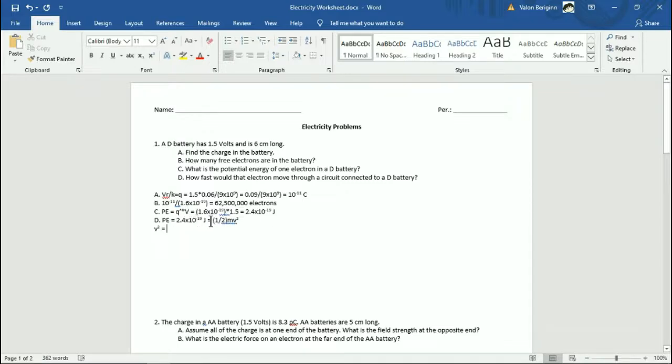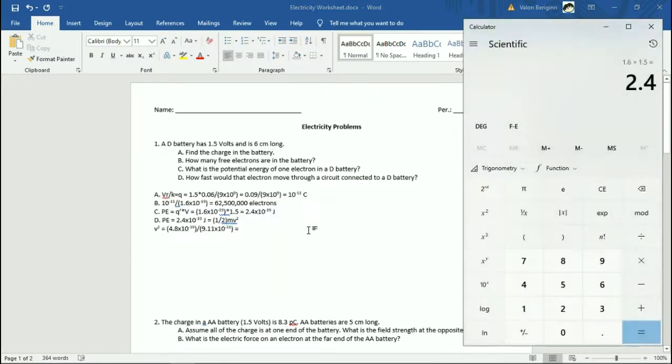That's going to be 2 times this, and then divide by mass. So 2 times 2.4 is 4.8 times 10 to the negative 19, and then we're going to divide by the mass of 1 electron, 9.11 times 10 to the negative 31.